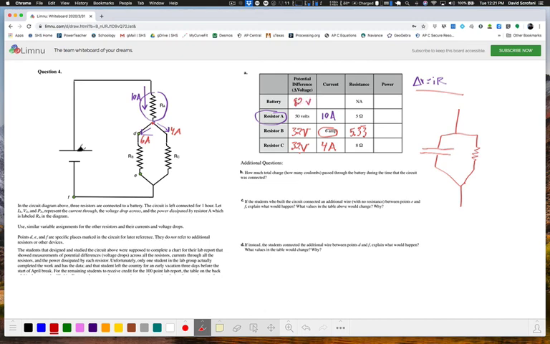Well, because around any path that I might take, if I take this path right there, around like that, any voltage that I gain going across the battery must be equal to the sum of all the voltage drops along the way. And since I'm going to lose 50 volts across resistor A followed by 32 volts across resistor B, that's a total loss of 82 volts. That means I must pick up 82 volts at the battery, crossing the battery.